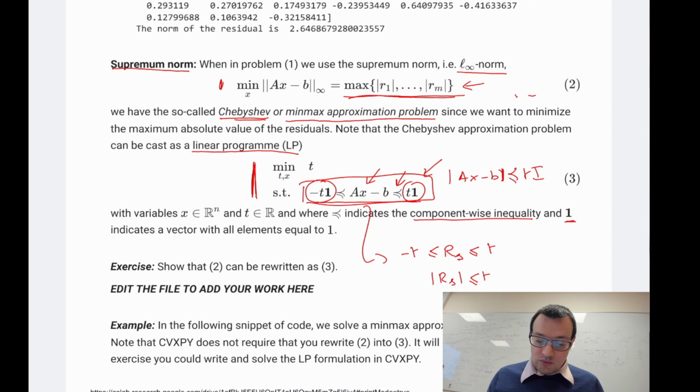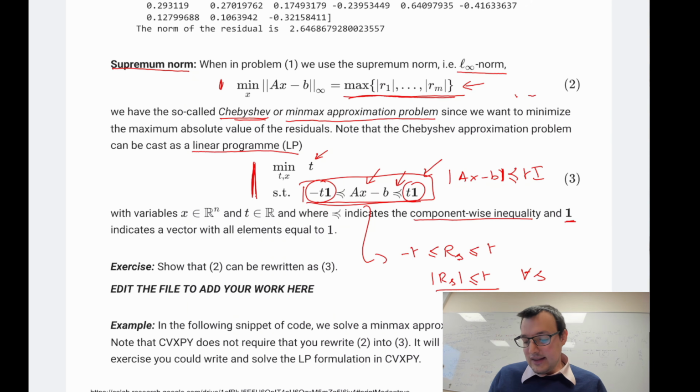And then what you want to do is minimize this t. By minimizing this t, you are essentially squeezing these inequalities. The point here is that this constraint is there for all j's, and the t is the same t.